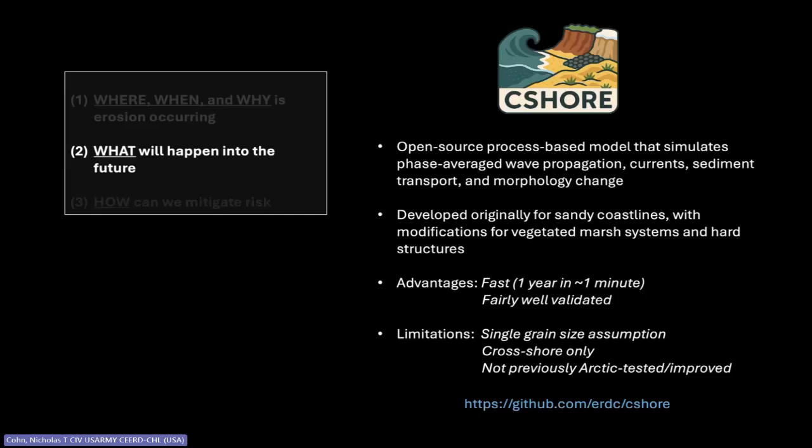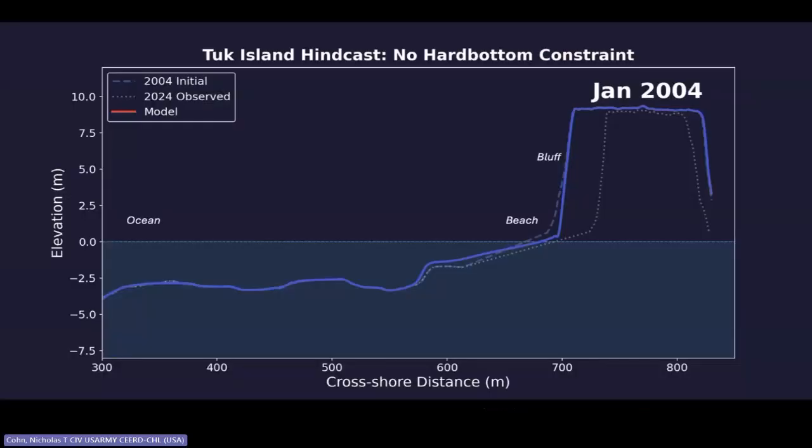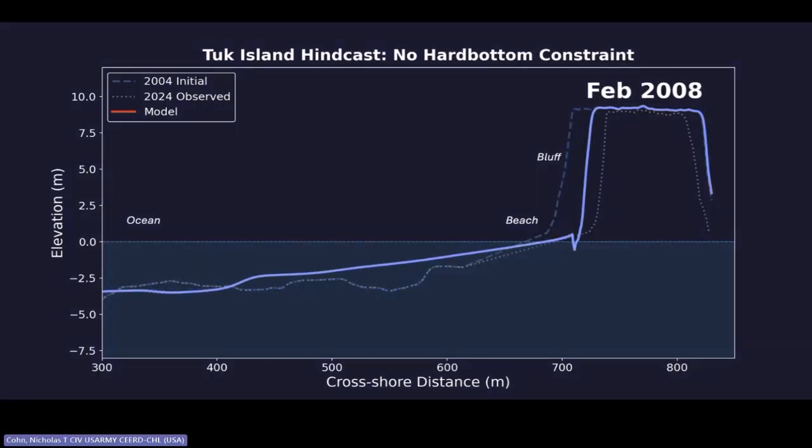Like all morphological models, it has lots of assumptions and lots of limitations, but that's just the field of coastal sediment transport in general. So the first thing we're going to do is run Seashore out of the box for this time period where we do have data.